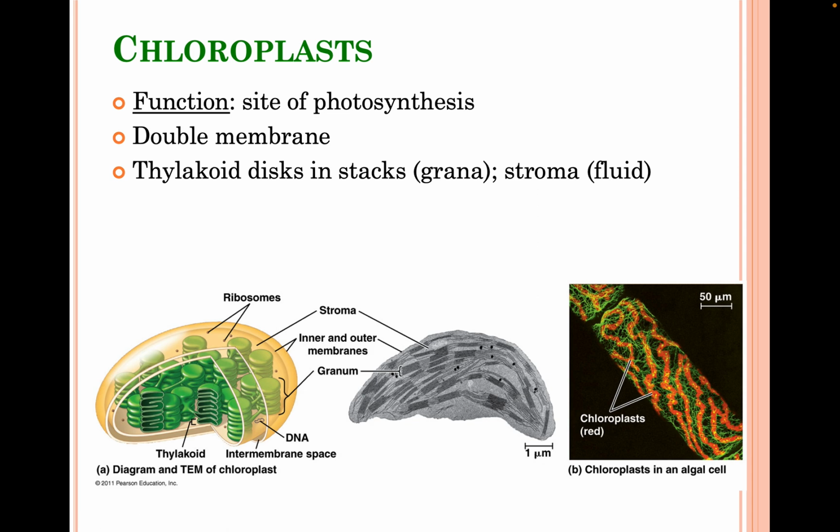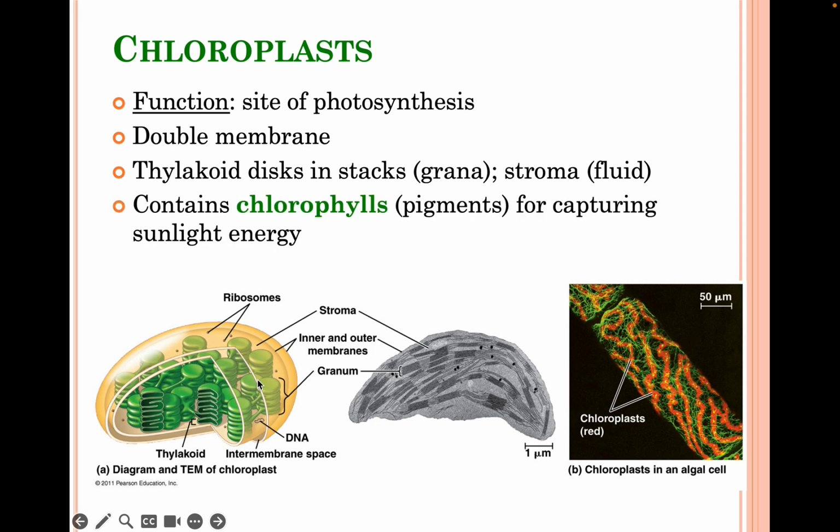And the fluid that fills in the voids within a chloroplast is called stroma. The thylakoid membranes are rich in chlorophyll pigments. These are the pigments that capture sunlight energy.